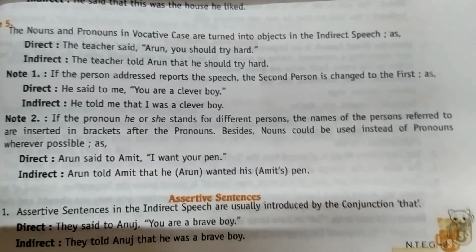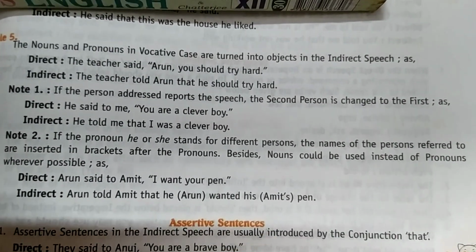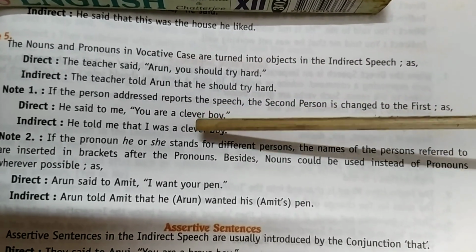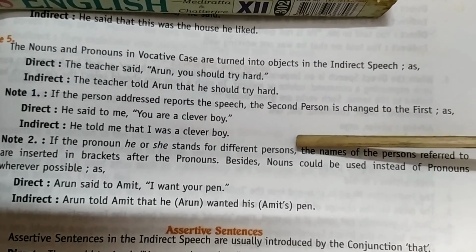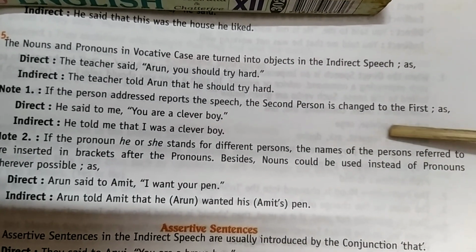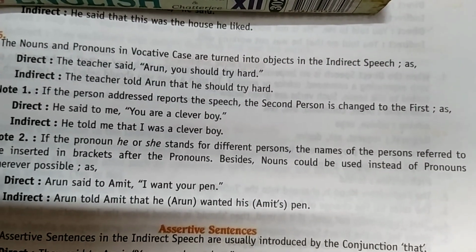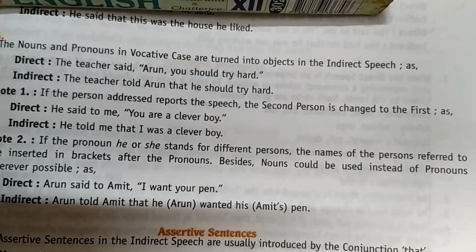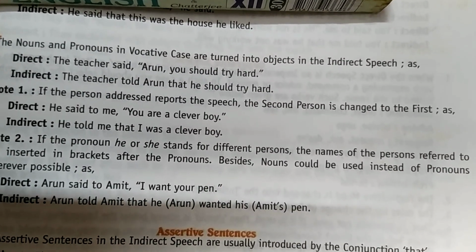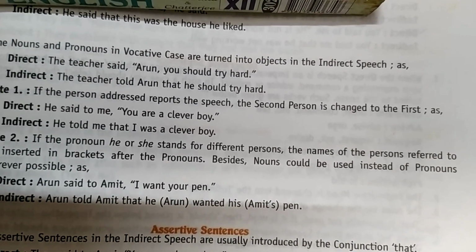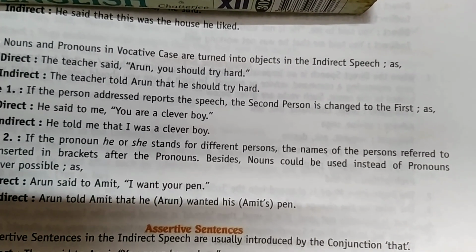Let us see what is important to note here. If the pronoun he or she stands for different persons, the names of the persons referred to are inserted in brackets after the pronouns. Besides, nouns could be used instead of pronouns wherever possible.